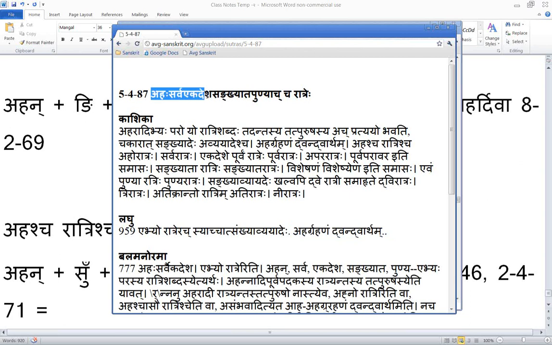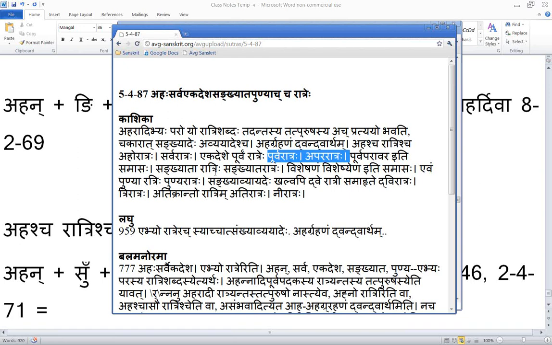The examples he gives in the Kashika are, of course, Ahascha Ratrishcha Ahoratraha, then Sarvaratraha. Then Ekadesha is one part of the night. So he gives Purvam Ratrehe, Purvaratraha, Apararatraha, like the early part of the night, later part of the night.